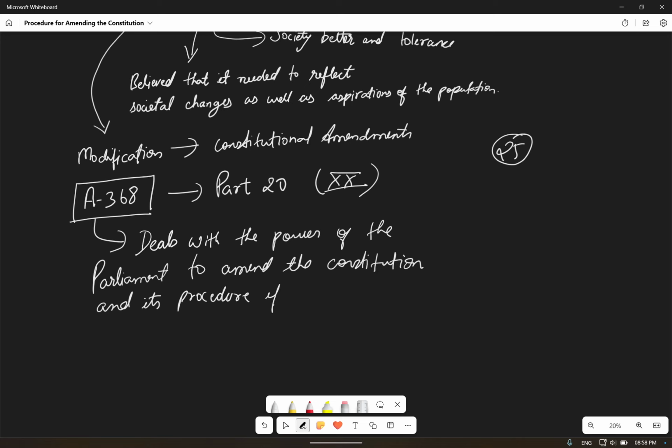The parliament is empowered to amend or repeal any provision of the constitution in accordance with the procedure laid down for this purpose.